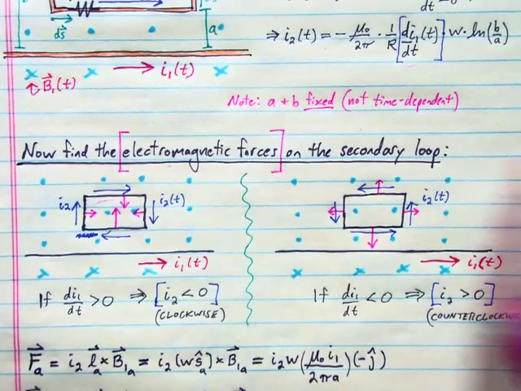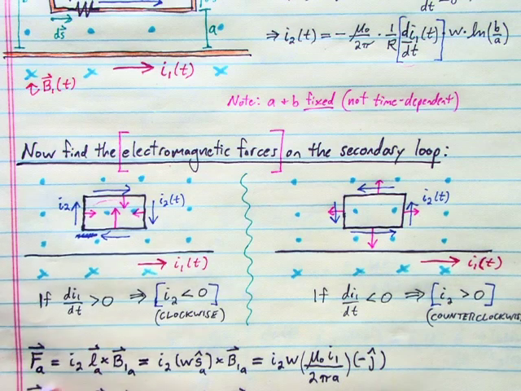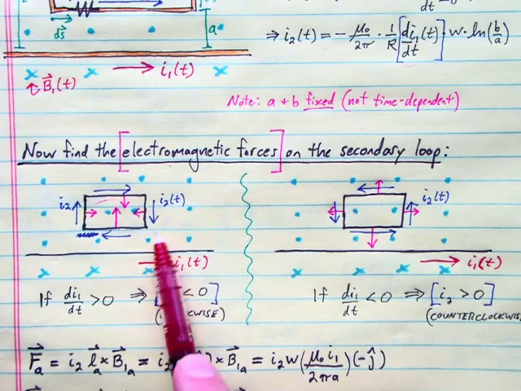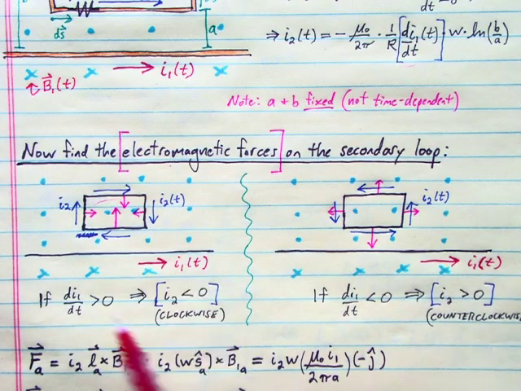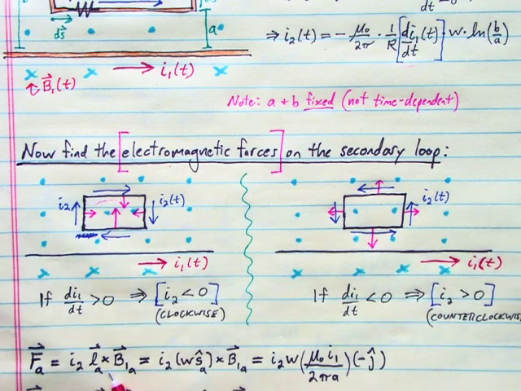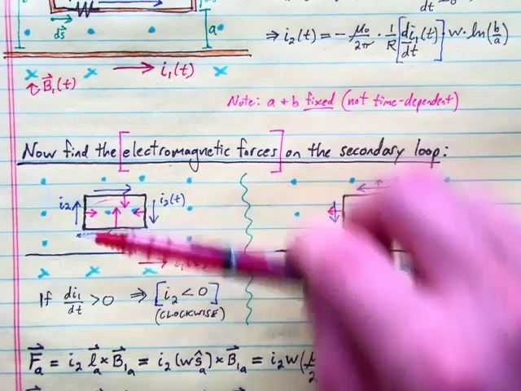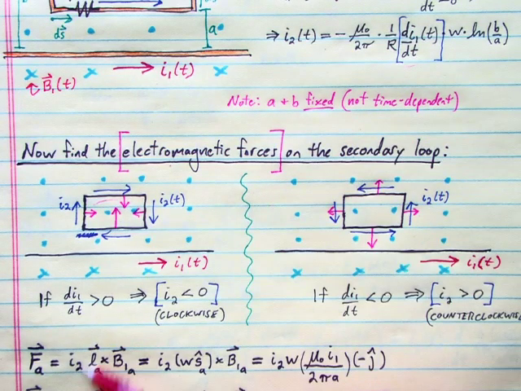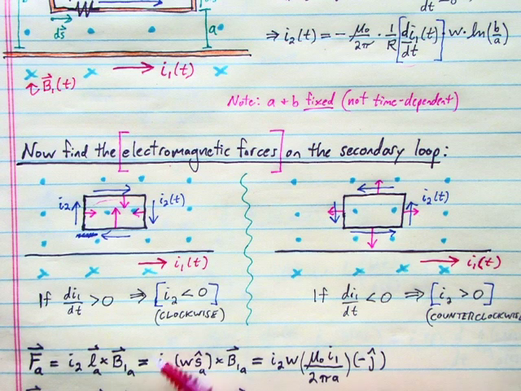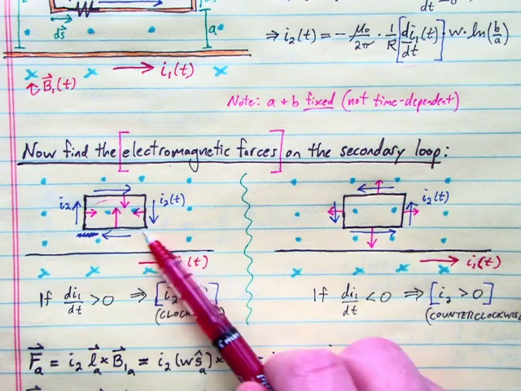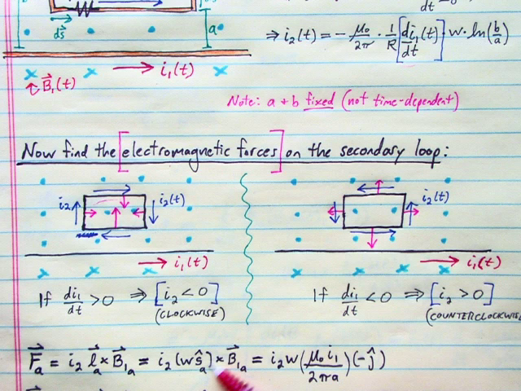Let's start with trying to find the electromagnetic force, the Philb type force, on this bottom segment of our secondary loop. So this will be I L cross B. This is I2, the current in that wire segment, times this L vector. The L vector will have a magnitude equal to the length of this segment, which we've been calling W, and it'll point in the direction of s hat.